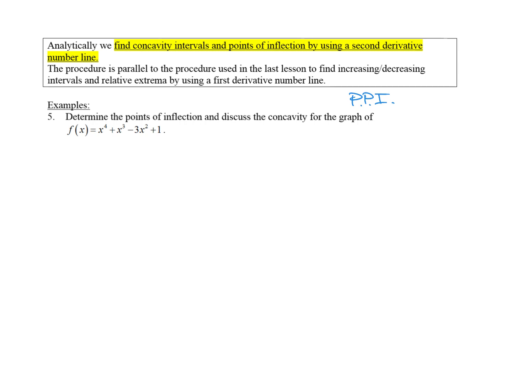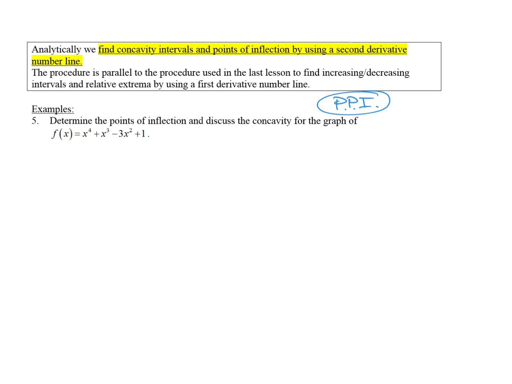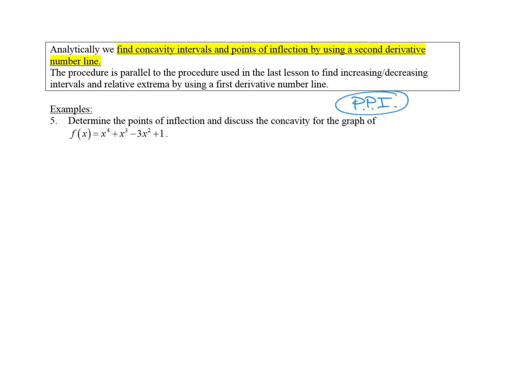So determine the points of inflection. So we first have to find all the possible points of inflection by looking at domain and second derivative equal to 0. So what's the domain of any polynomial? All reals. So we have domain is all reals. Okay. Technically, if you're just trying to find points of inflection, does that domain matter that much?